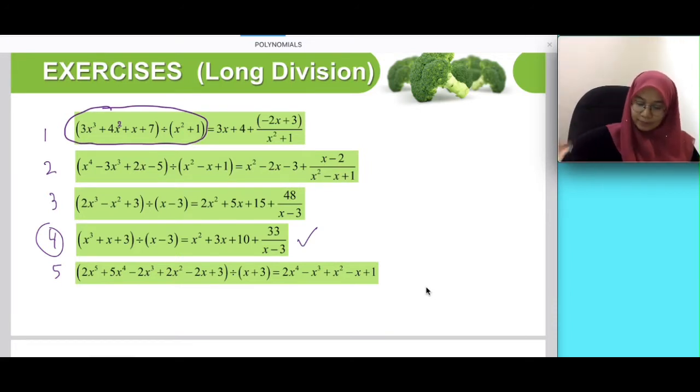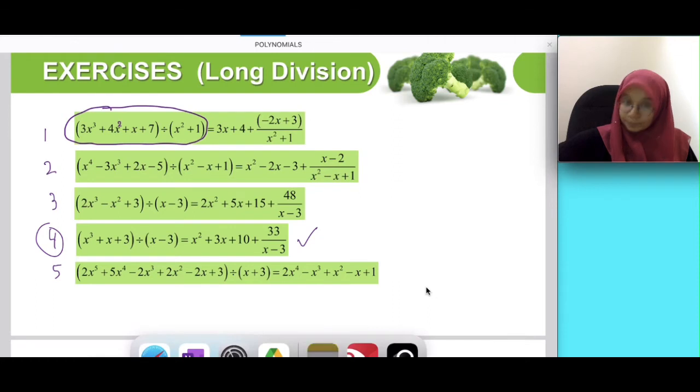X cubed plus x plus 3 divided by x minus 3.